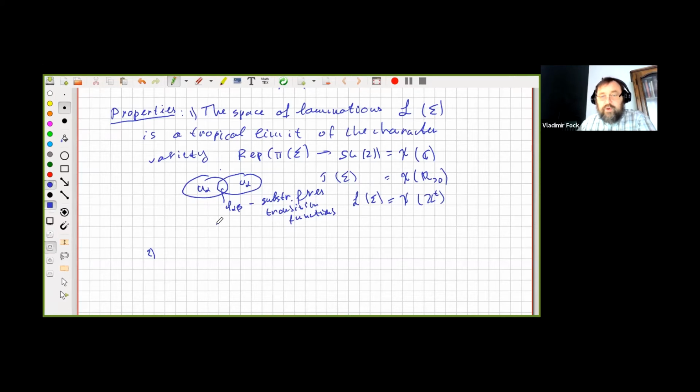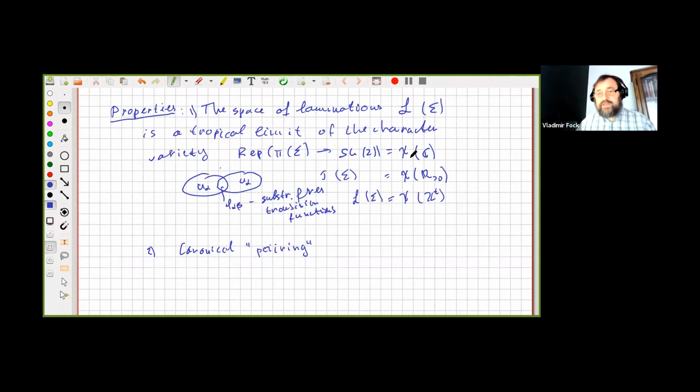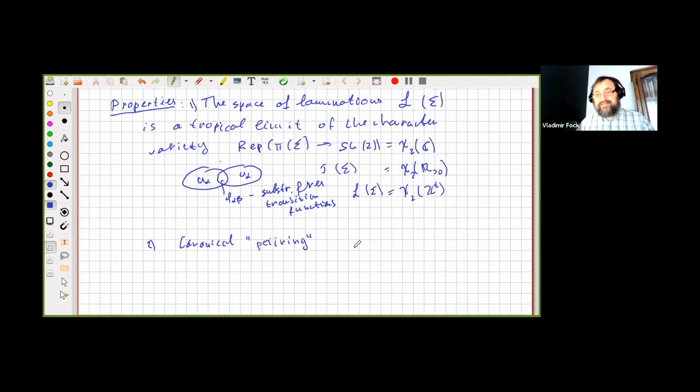For every surface there is a canonical pairing between the lamination space and the character variety, which I will denote by chi2 of C. I put 2 for SL2, because later on I will need other varieties for SL_n and for other simple groups.